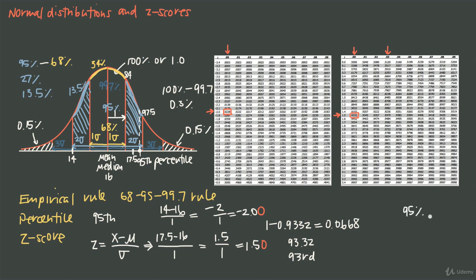So this time I could go to my z-table. Again, I want to be one of the top scores, which means I'm going to be on the right side of my normal distribution. I'm going to be up here in the high percentiles in the right tail.